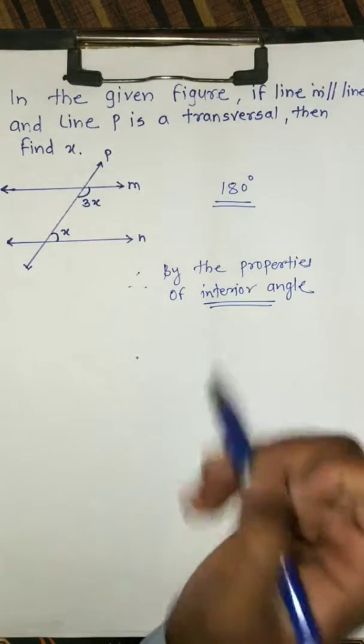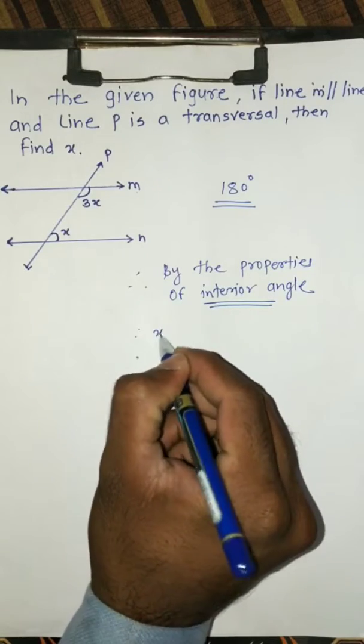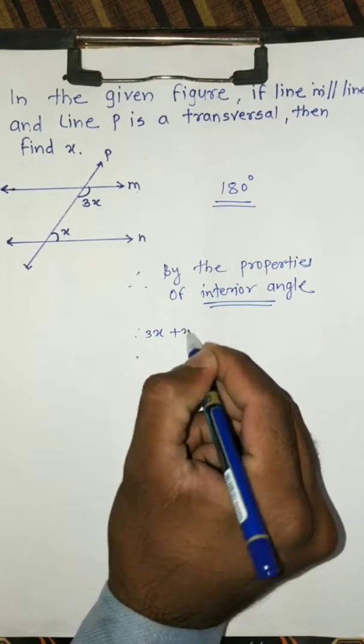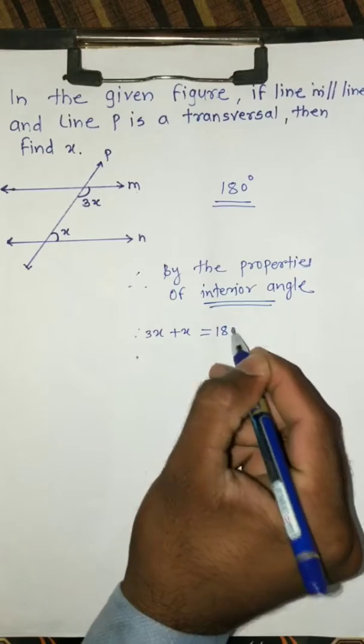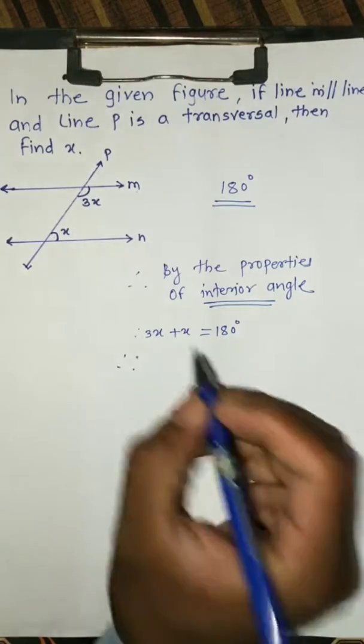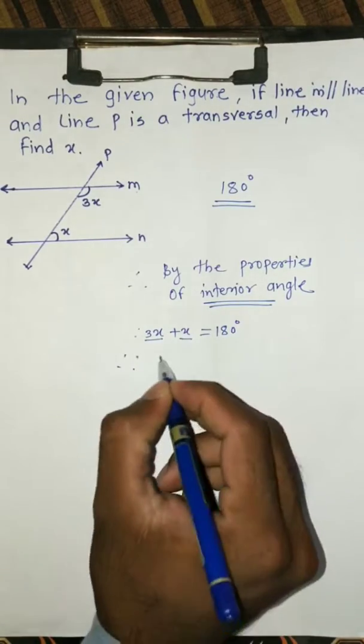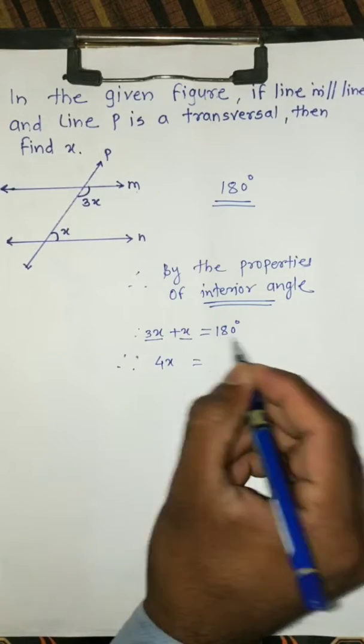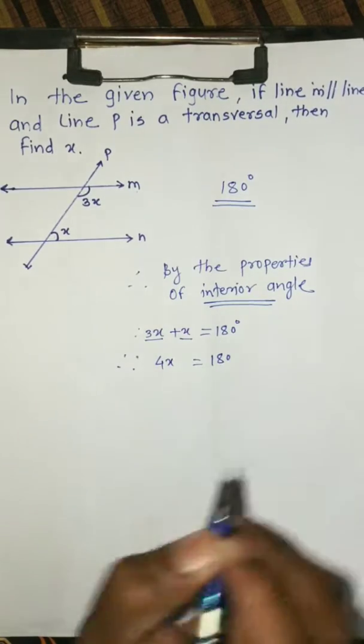3x plus x is equal to 180 degrees. Therefore, 4x is equal to 180 degrees.